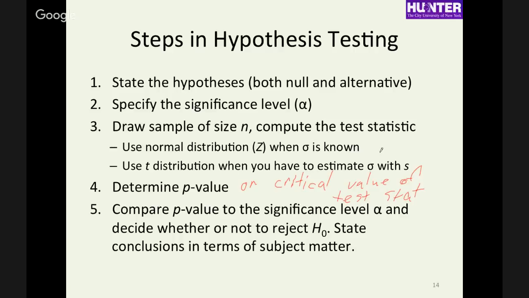That will help you decide whether your test statistic is outside of, in those tails, beyond the critical region. And then you compare your p-value to the significance level alpha, or test statistic to the critical value, and then state whether or not you reject H0 and write down your conclusions in terms of the subject matter.